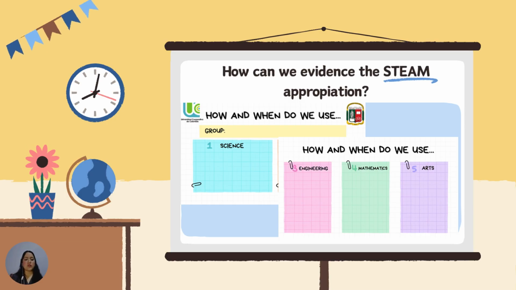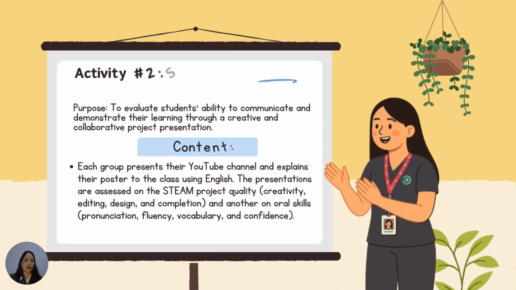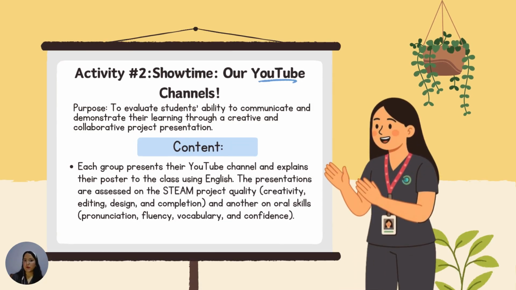We are going to pass to the second activity, that was the Showtime, the YouTube channel. Now for the main event, that is the Showtime. This activity evaluates the collaborative project and the English speaking skills.